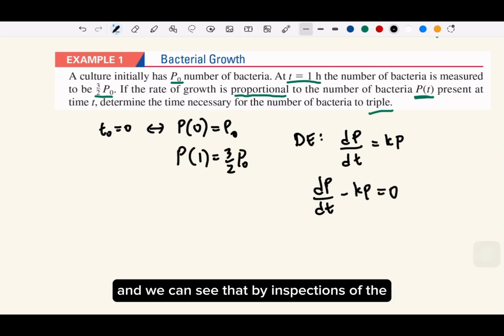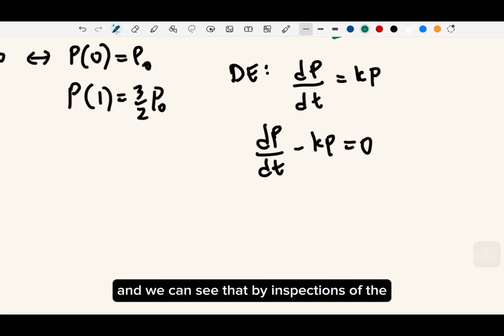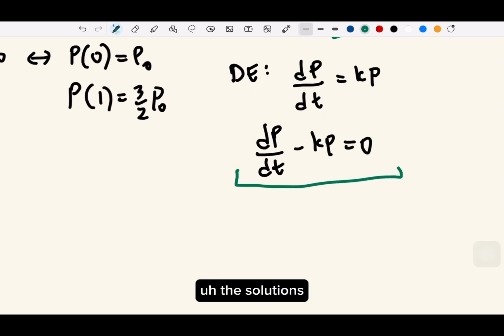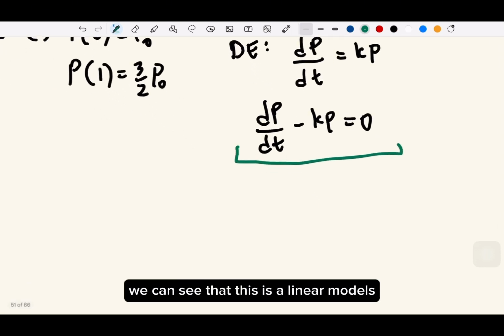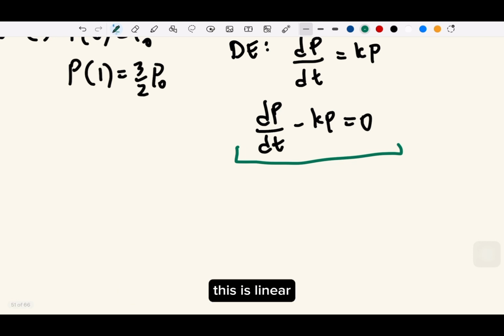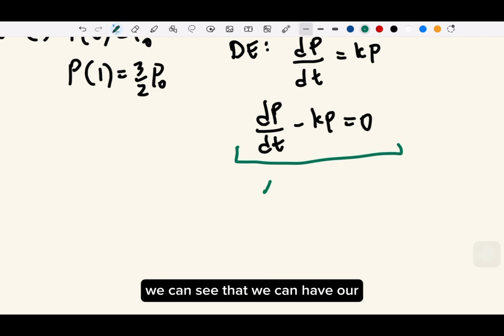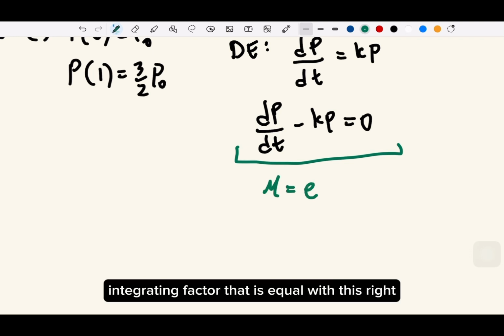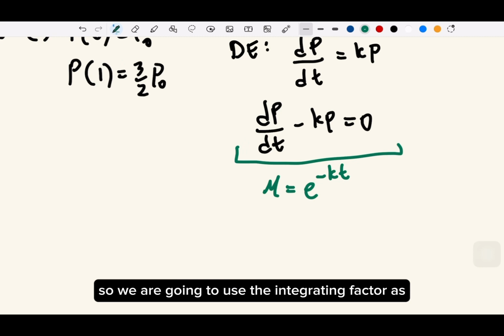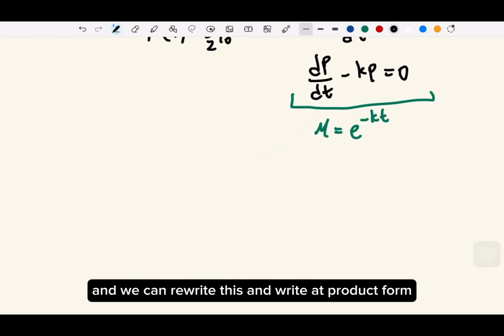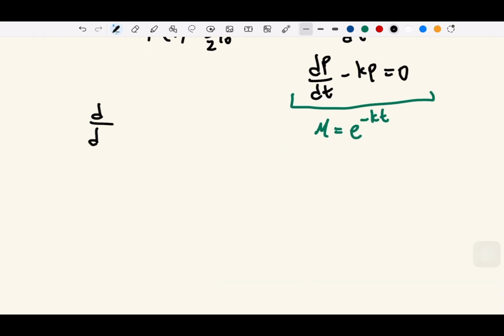And we can see by inspection that this is a linear model. This is a linear first order equation. We can have our integrating factor. So we are going to use the integrating factor as in first order differential equations, and we can rewrite this in product form.